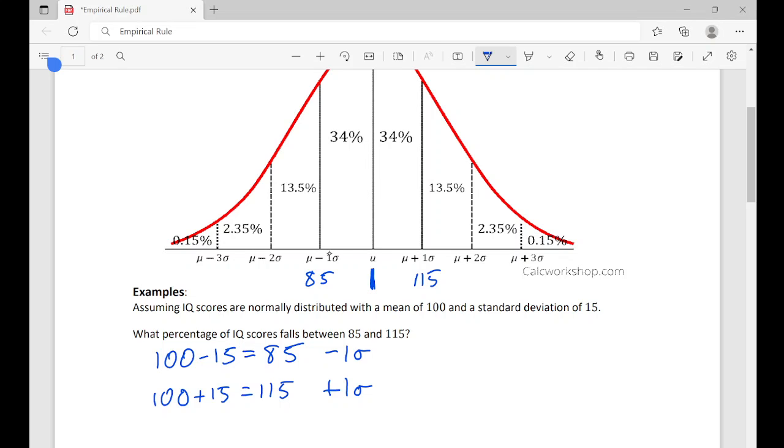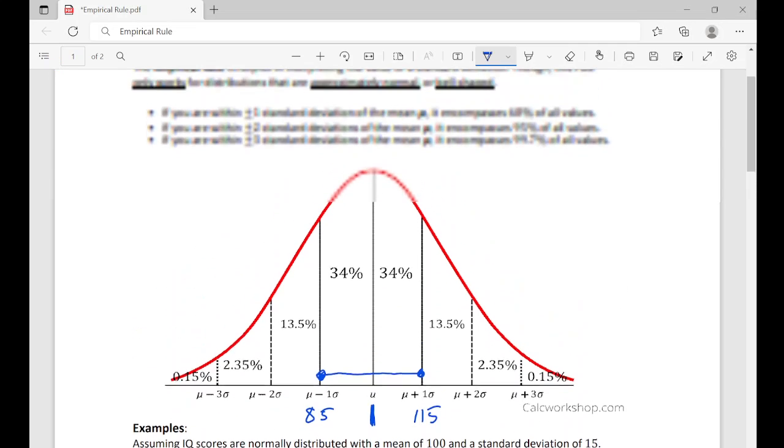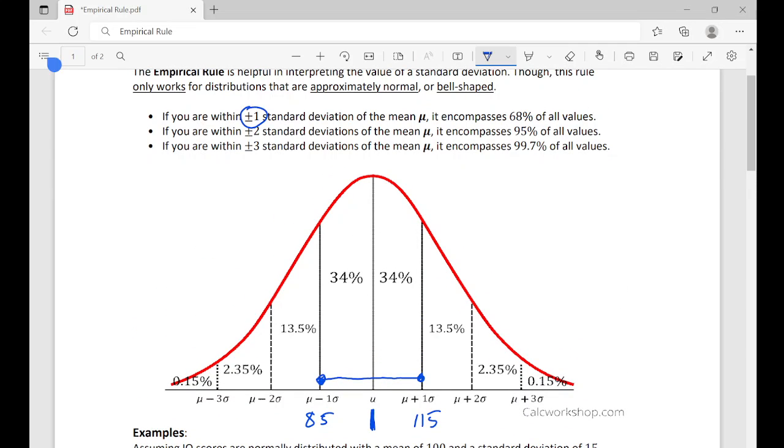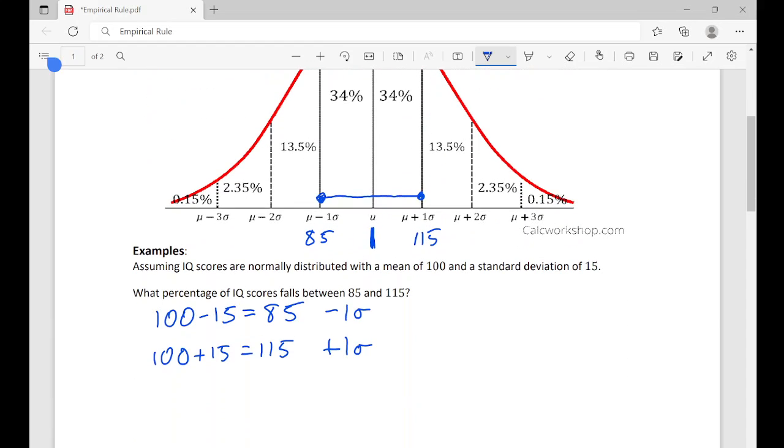So if we go down one standard deviation to here and up one standard deviation to here, we need to just add all the values in between, which is 34 plus 34, or the fact that we read up here, if you're plus minus one standard deviation, it's 68% of all values. So what percentage of IQ scores fall between 85 and 115? 68%.